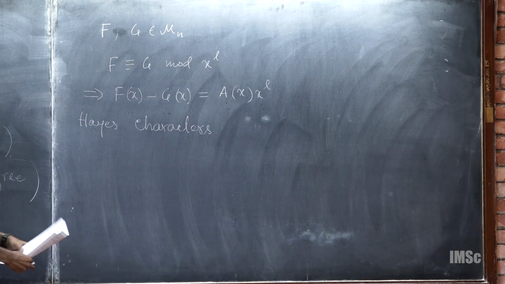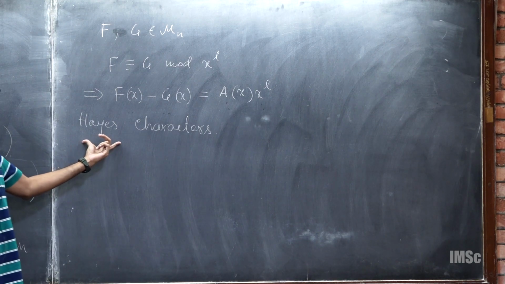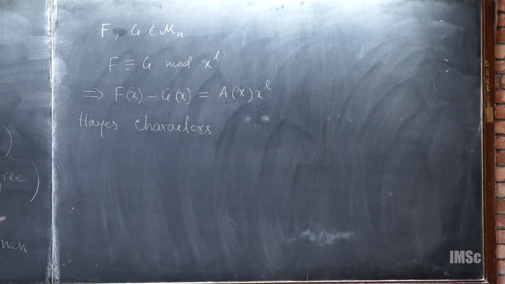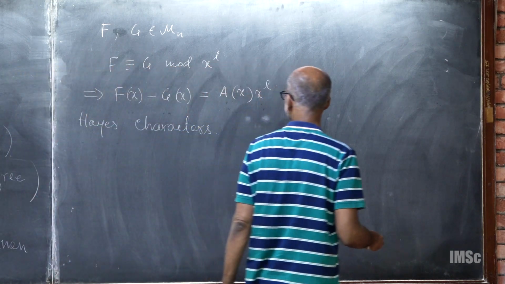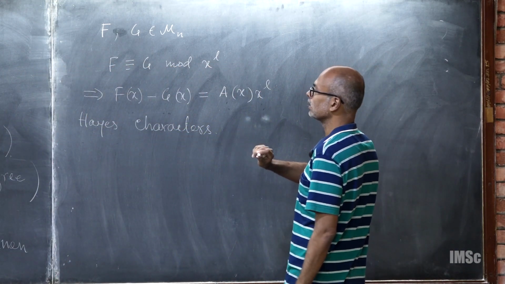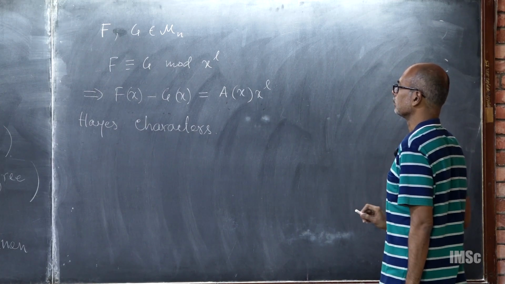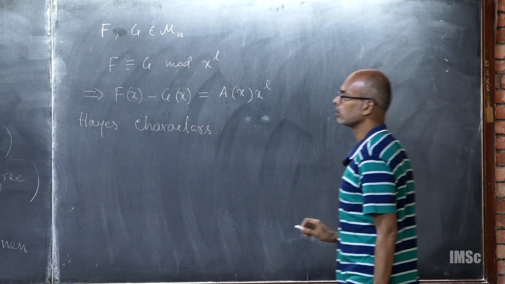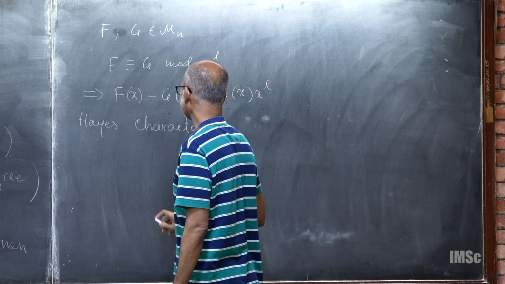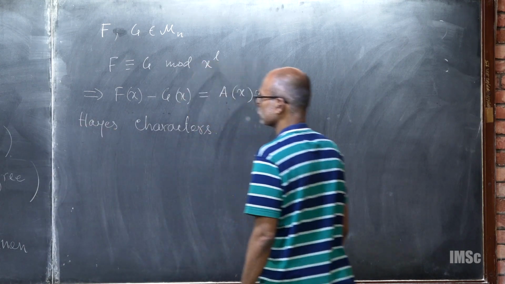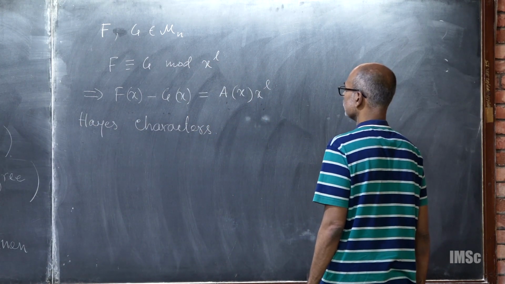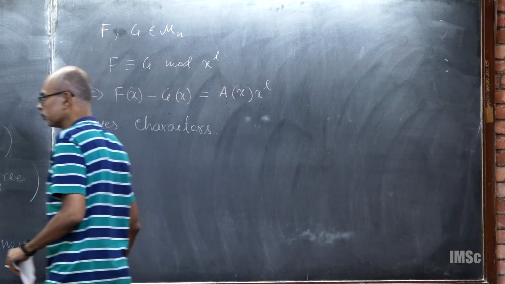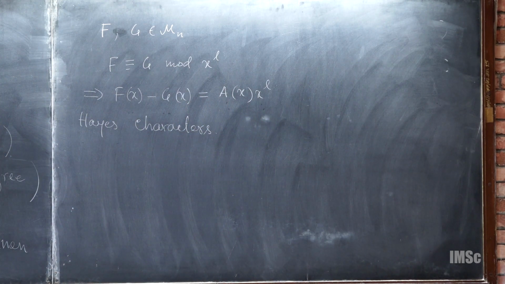It was used by David Hayes for the first time, so it is called Hayes characters. These are going to replace our Dirichlet characters, at least as far as pretentiousness goes. Okay, let me come to the pretentious world in this polynomial setup.